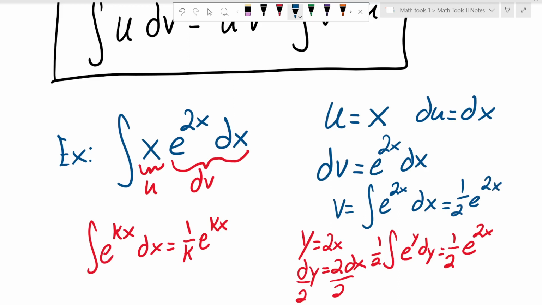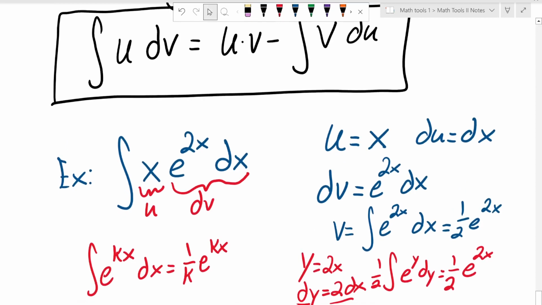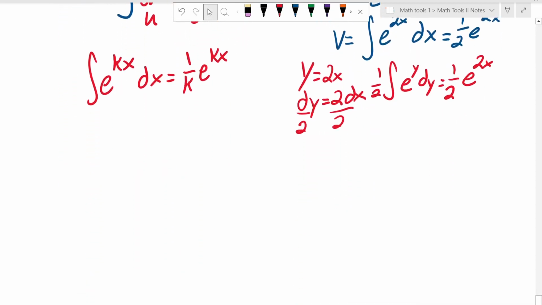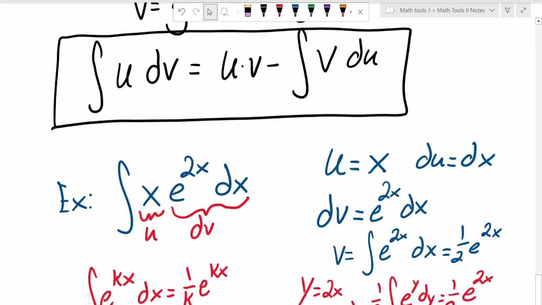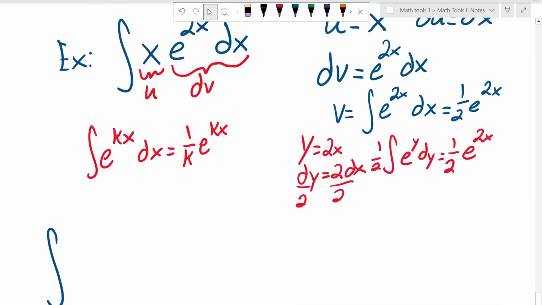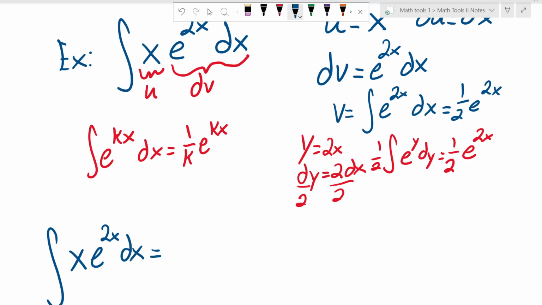So we have x, we have du, we have dv, we have v. Now we can plug everything into this formula. The integral of u dv, where u is x and dv is e to the 2x dx, is our original integral. This equals u times v, x times 1/2 e to the 2x, minus the integral of v du.